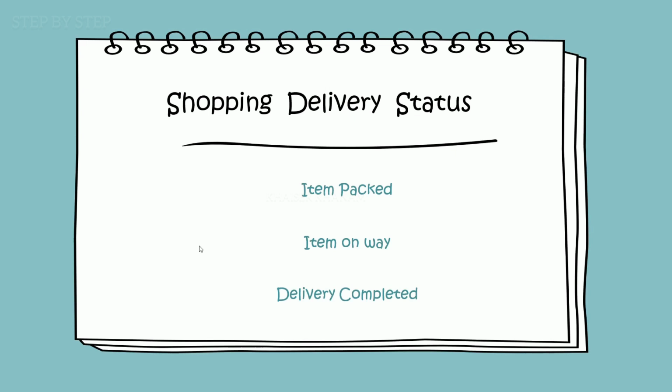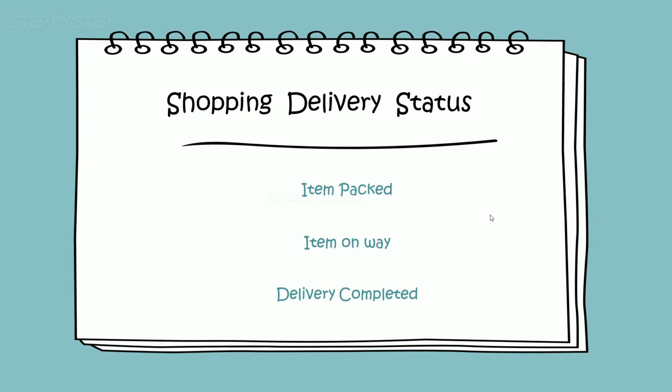In this state, first I will be getting item packed that will be stored inside my state. Then as soon as it gets updated, item on the way will be updated inside the state. Then delivery completed will be updated inside the state. Okay, we will be performing some actions. Based on that, this will be updated inside the state.